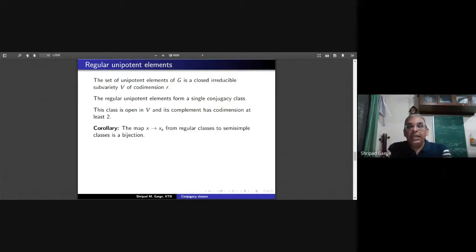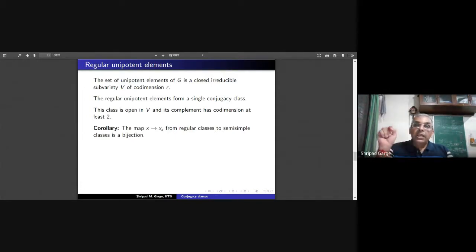Suppose you have only XS to begin with. You take the centralizer of XS. That's a reductive group. You take the connected component if you have to. So you get a connected reductive group. Now the above statement gives you that a connected reductive group has to contain a regular unipotent element. So you have a regular unipotent element in the centralizer of your XS.